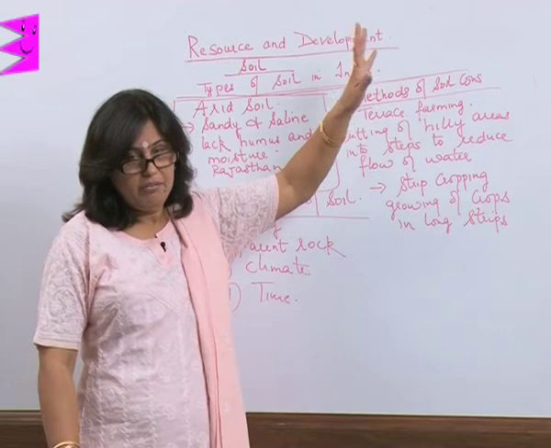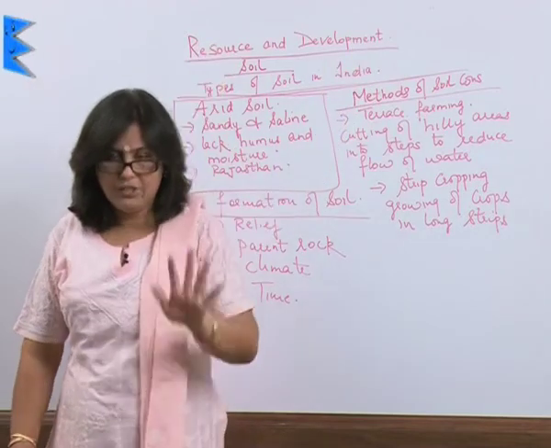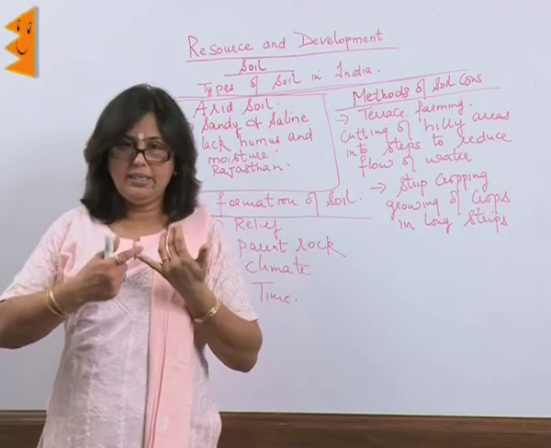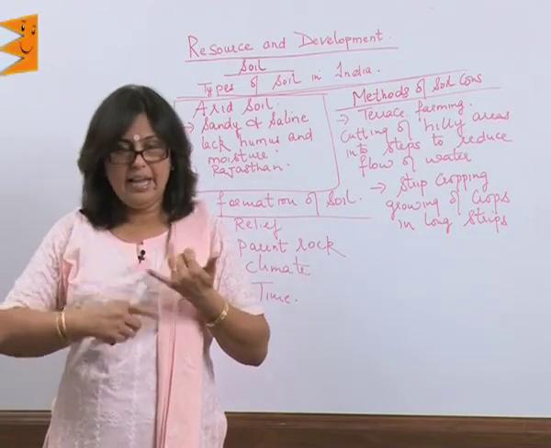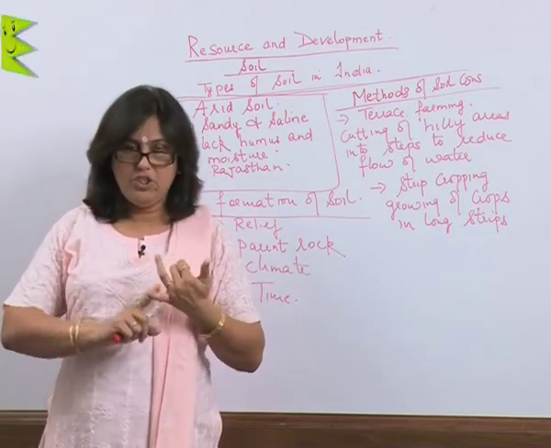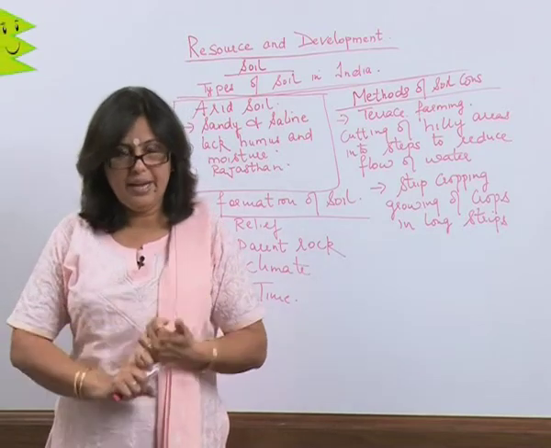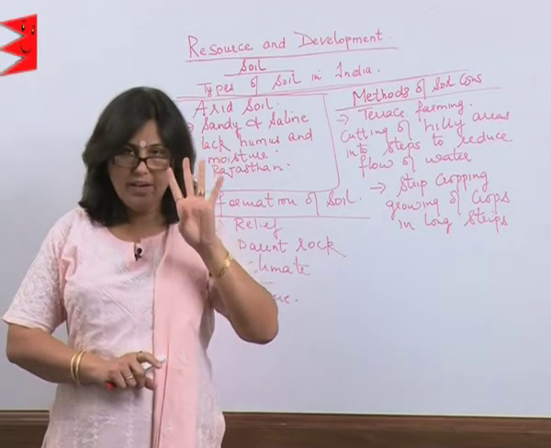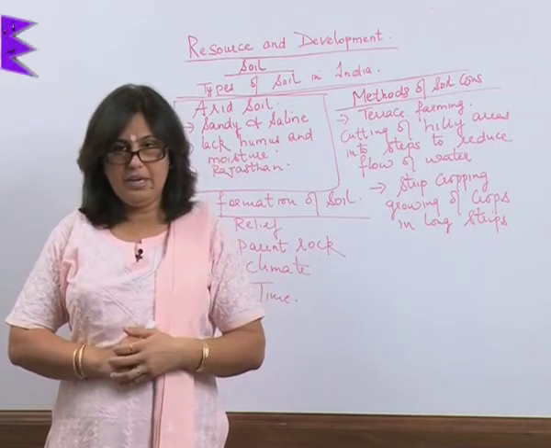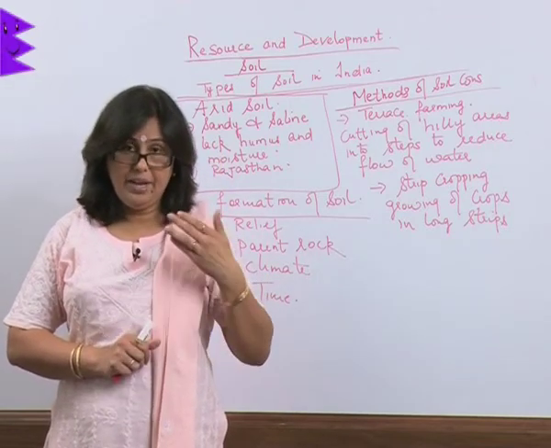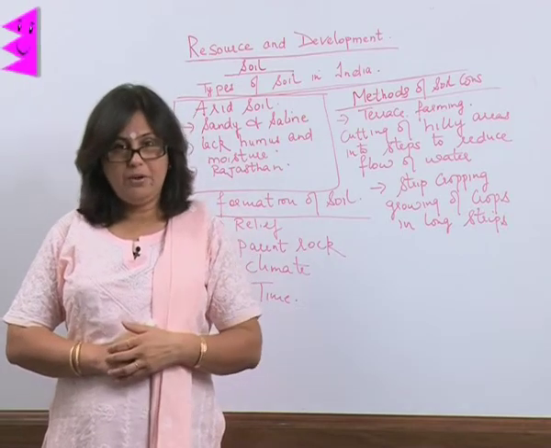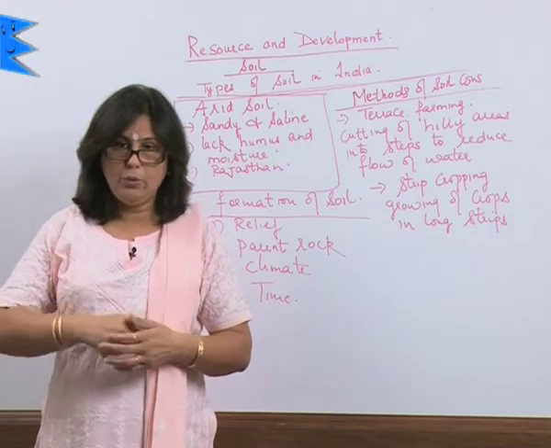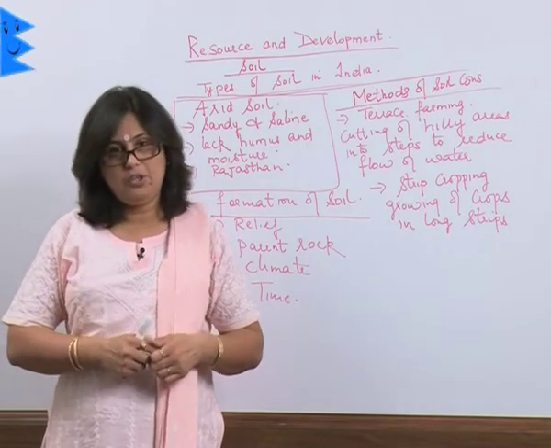Remember children, we have seen what is soil. Let's revise it. Soil is the uppermost layer of the earth which is rich in organic and inorganic materials. There are 5 kinds of soils found in India, and there are various factors which contribute, in fact 4 factors which contribute to the formation of soil.